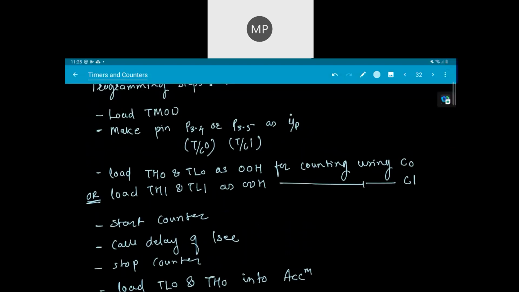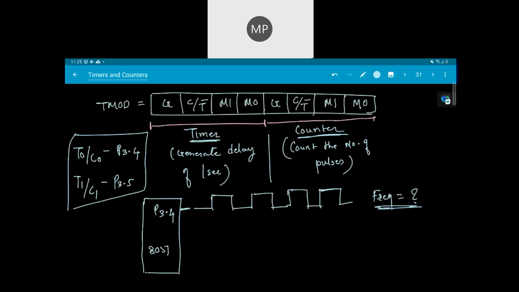Now we'll take the previous problem, and we'll try to solve this. To solve, let's calculate first as per the programming steps. Let's calculate the value of TMOD.